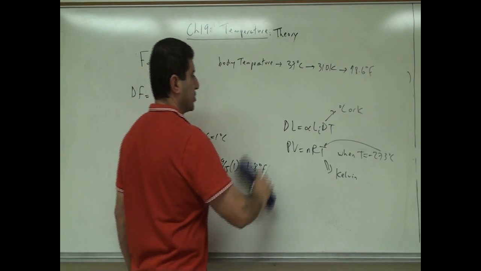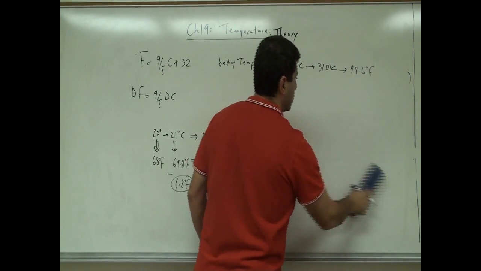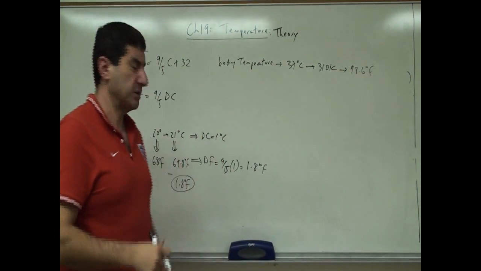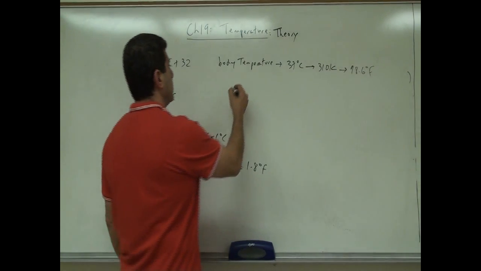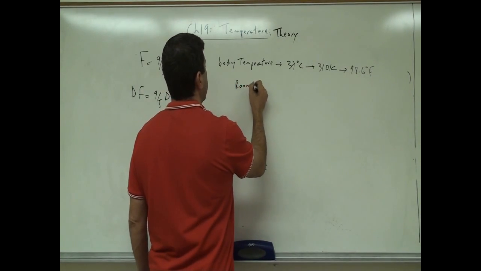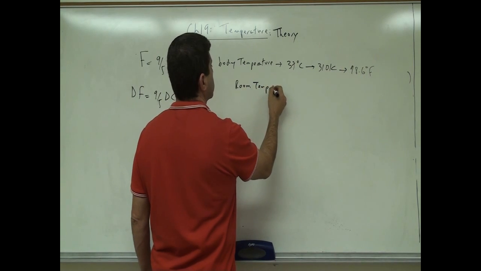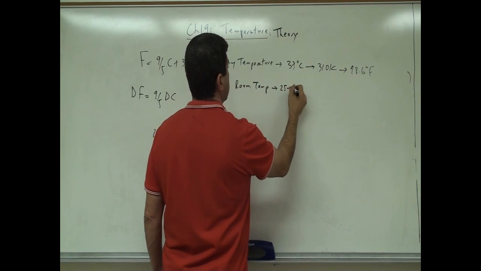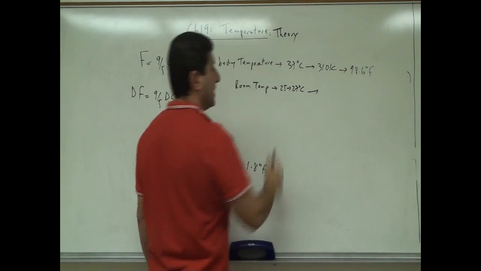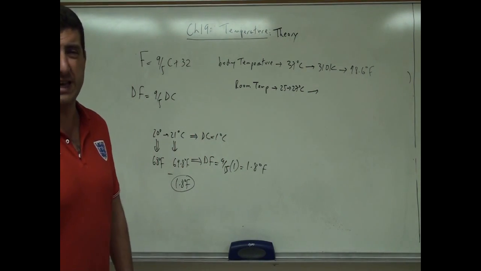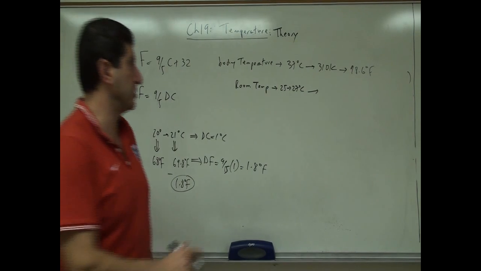And then another temperature we can say is like comfortable room temperature, maybe a little bit warmer than 20. We can say 25 to 27. So room temperature is going to be around 25 to 27 Celsius. Okay, what is that going to be? Well, if you add 25 to 273, you're going to get 298. 298 to 300.